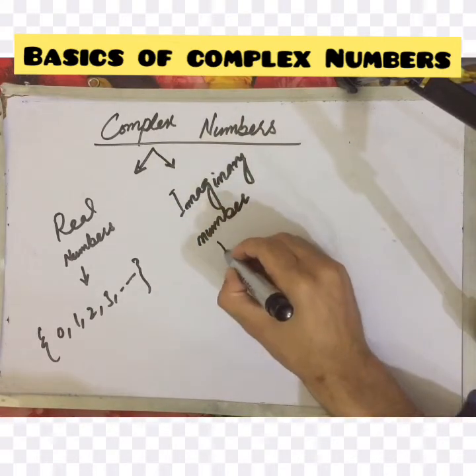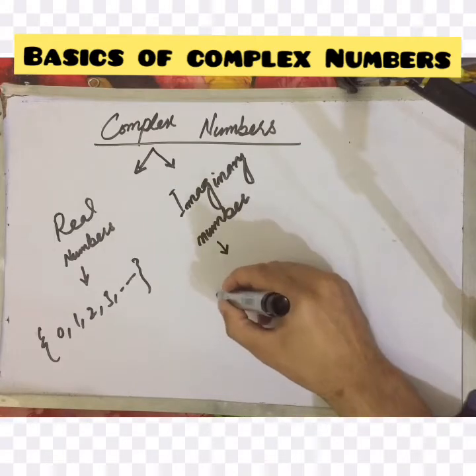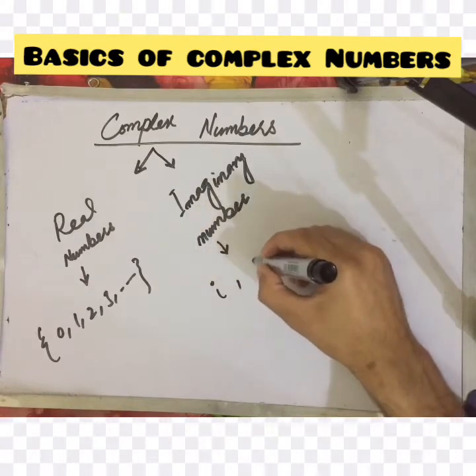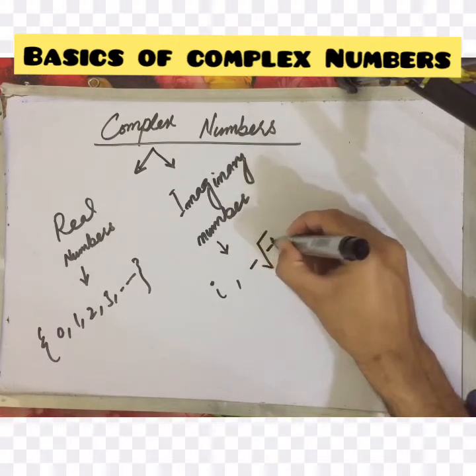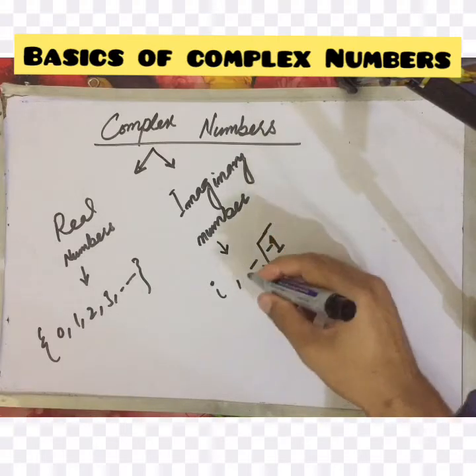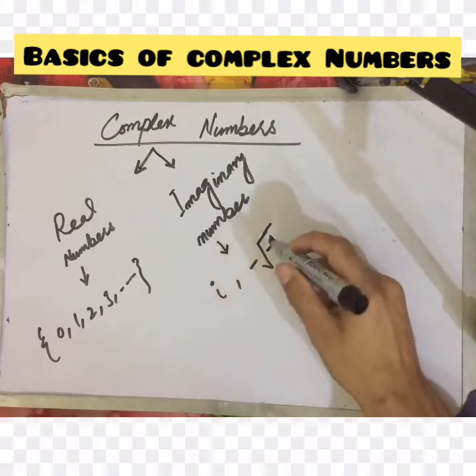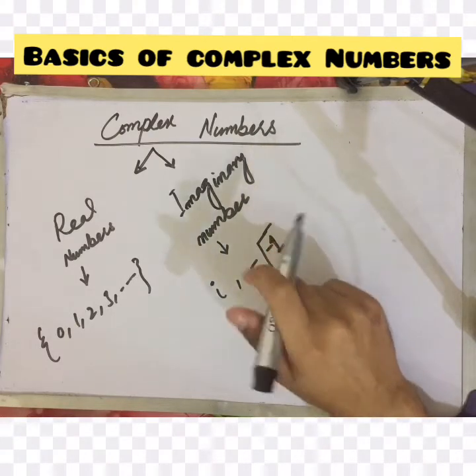An imaginary number is that number which possesses iota, which is minus square root 1. That is, numbers which possess iota are in multiplication with square root minus 1.